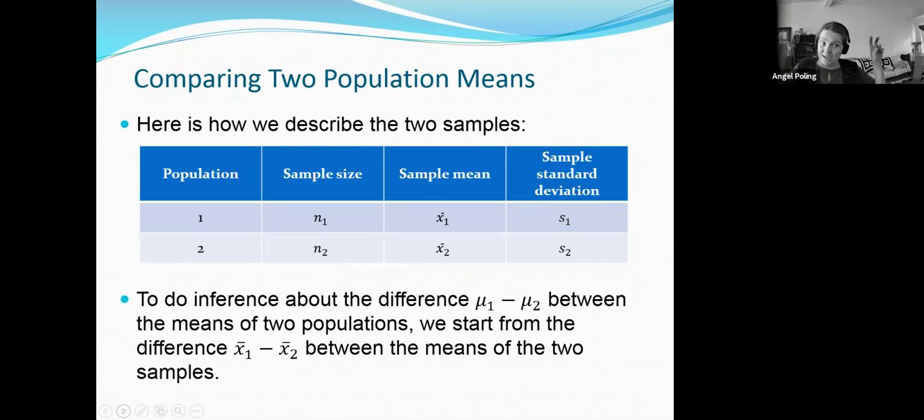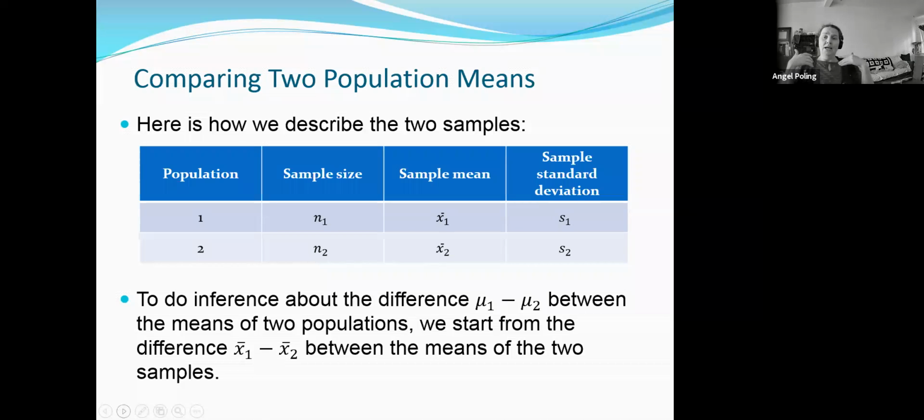So note to self, if you have the ones in the front location, you have the twos in the second location, it should look the same in both of these, right? So don't suddenly flip it to x2 minus x1, right? Just because it's positive or something like that, right? Like, don't do that. You have to leave the ones in the first location, the twos in the second location.